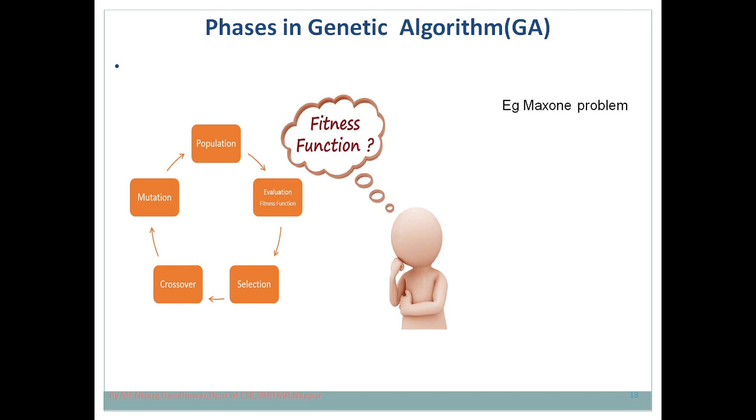So the termination condition can be either the number of iterations or a specific optimum solution. Unless and until I get this optimum solution, this loop is going to run. So this is how genetic algorithm works, and one of its examples is the Max-One problem. We are going to discuss how to solve the Max-One problem in the next video.